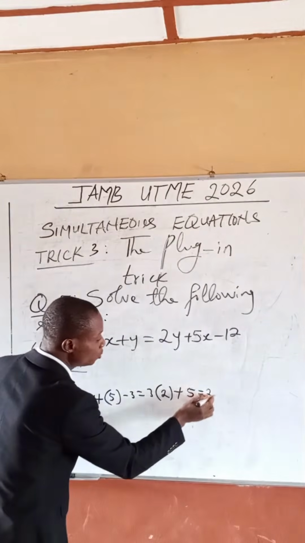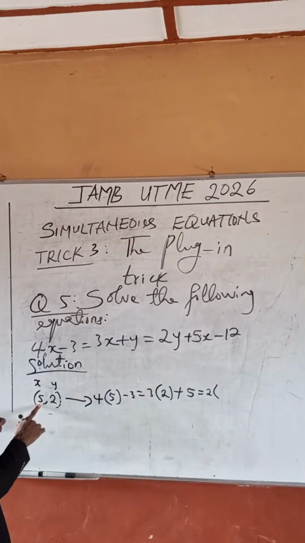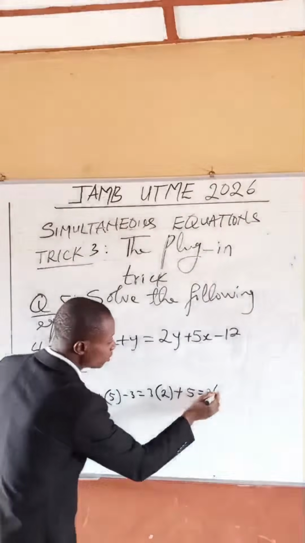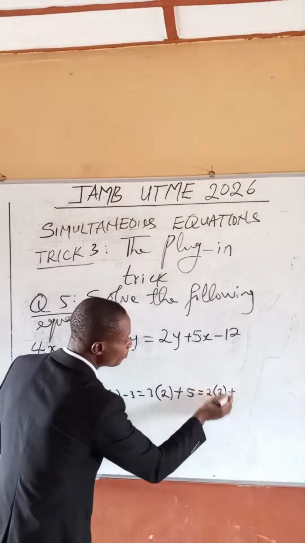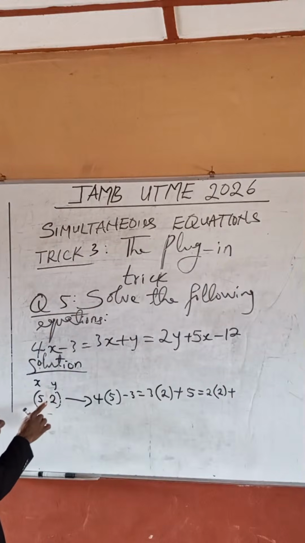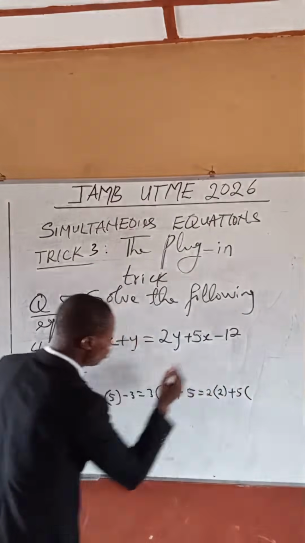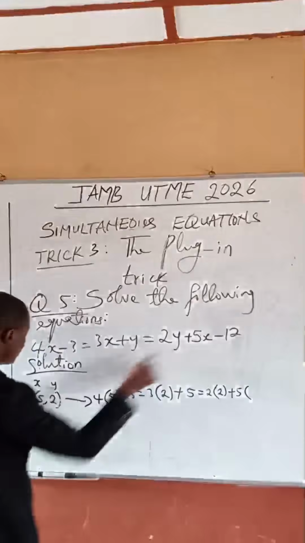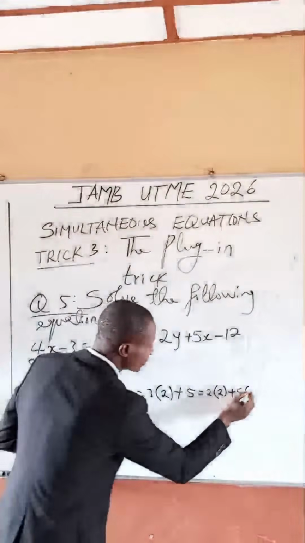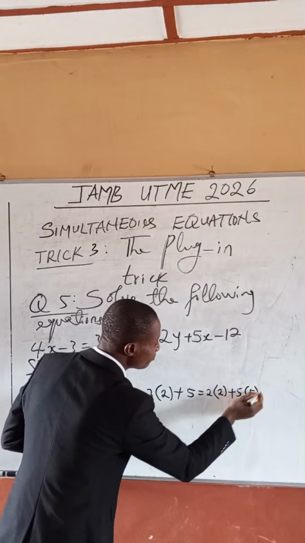We have 2 open bracket Y. What is Y? Y is 2. We bring 2 here. Plus 5 times X. So what's X? X is 5. Then minus 12.